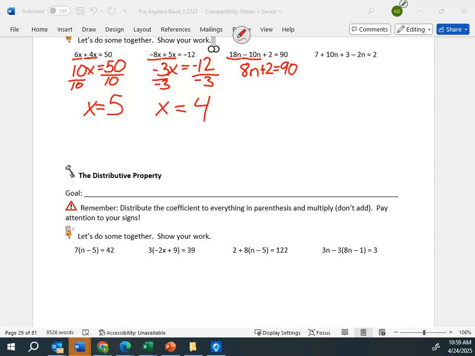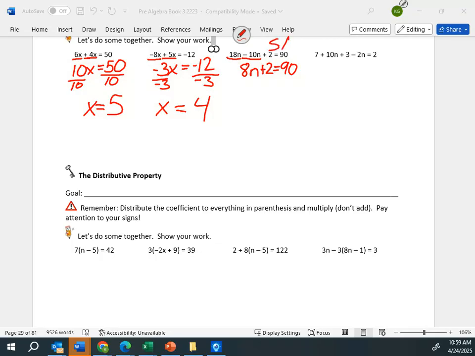Now what do I do? What's my next step? Michael? So how do I do that? What's the next step? So remember, we're at the point now where we want to do opposite operations.